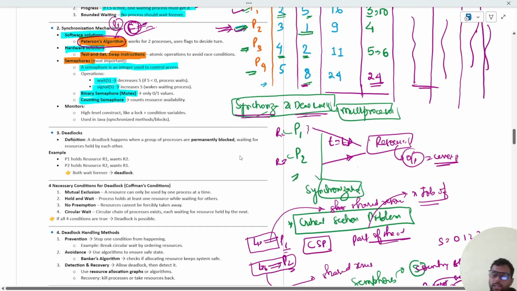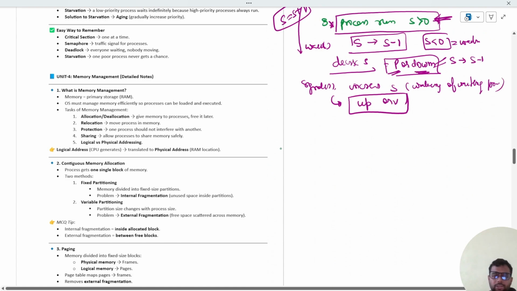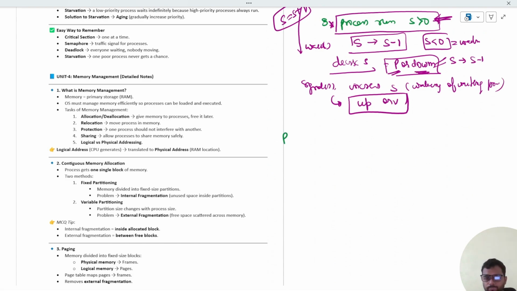What is deadlock? There is a difference between deadlock and synchronization. Synchronization we have already seen. So what is a deadlock? Suppose there are two processes, P1 and P2, that are running. P1 is holding a resource R1, and P2 is also holding a resource R2.